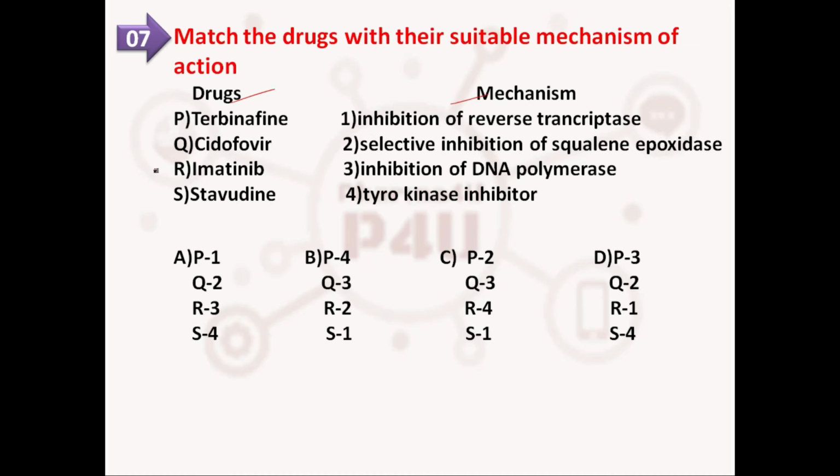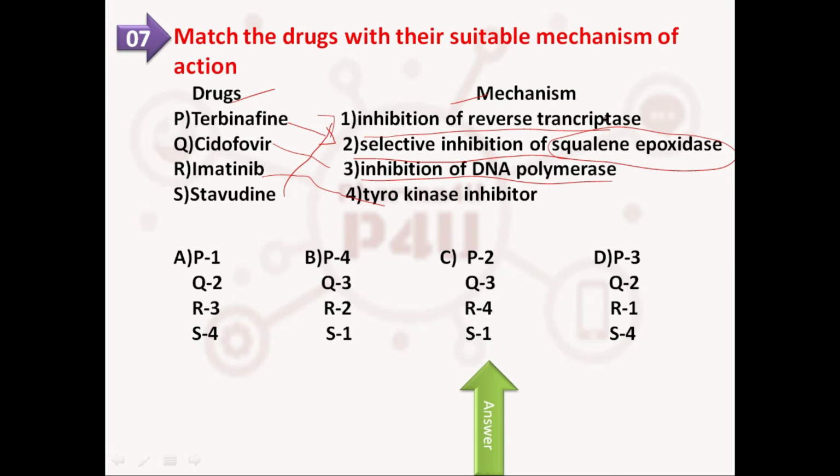After studying, the correct answer is, let's discuss, P means terbinafine, it acts as a selective inhibitor of squalene epoxidase, and cidofovir is an inhibitor of DNA polymerase, and imatinib is a tyrosine kinase inhibitor, whereas stavudine is an inhibitor of reverse transcriptase.